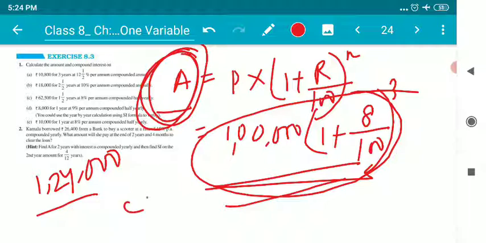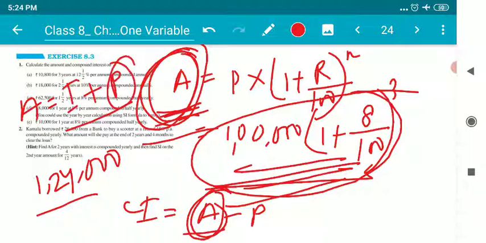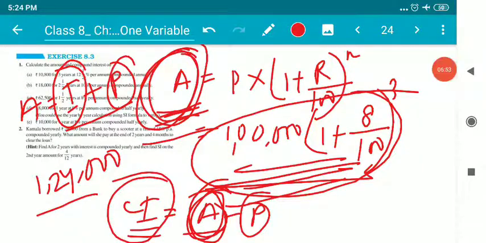Finally, compound interest will be calculated as amount minus principal, because the amount includes both the principal and the interest together. Amount is equal to interest plus principal. So I don't need the principal amount, which I already know. I need to know only the interest amount. So I'll directly subtract principal from amount in order to get the compound interest to be paid back after 3 years.